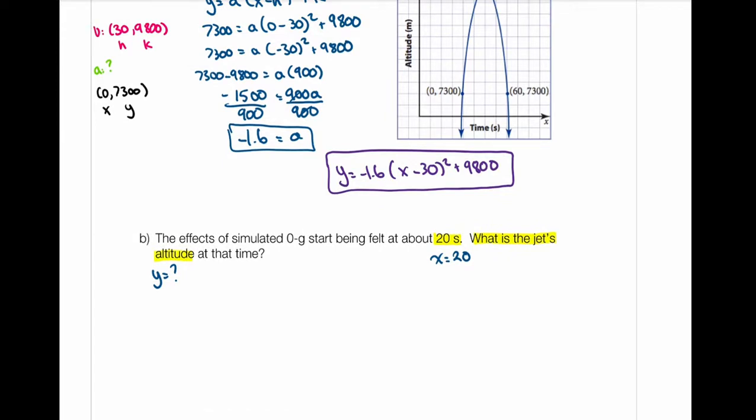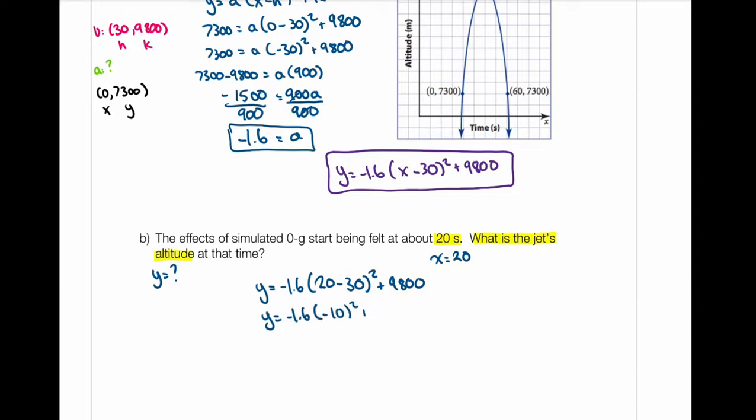So if we know one part of a point, or one value, to find the other value, we just have to sub in x equals 20 into my equation and solve. So instead of x, we're going to put 20 minus 30 squared plus 9,800. Everything is on one side, so this just becomes simplifying and calculating.